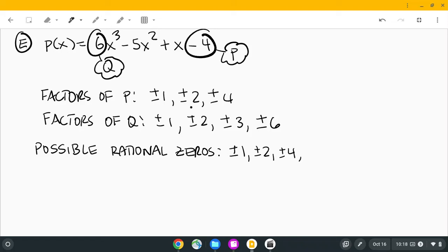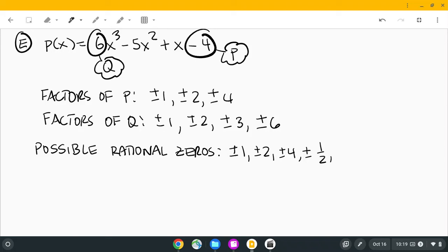Now I'm going to do the 2's. So it's going to be all of these guys over 2. Plus minus 1 over 2. Plus minus 2 over 2, but 2 over 2 is 1, and we already have it, so I'm not going to list that. Plus minus 4 over 2, but 4 over 2 is 2, so I'm not going to list that either.